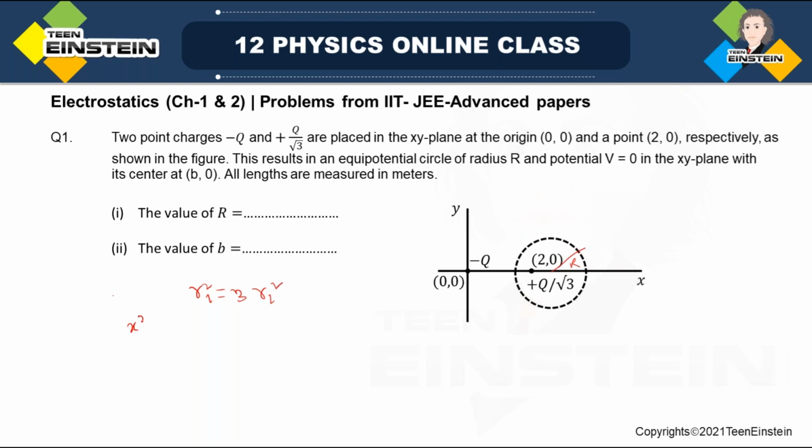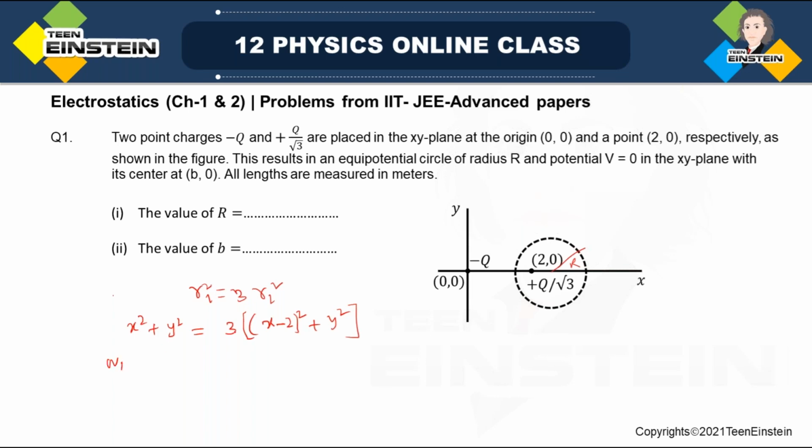So R1 was x square plus y square, and here it is 3 into (x minus 2) whole square plus y square with the bracket over here.